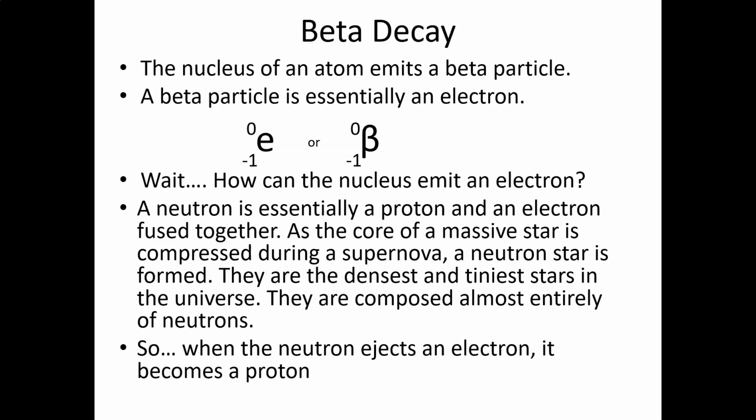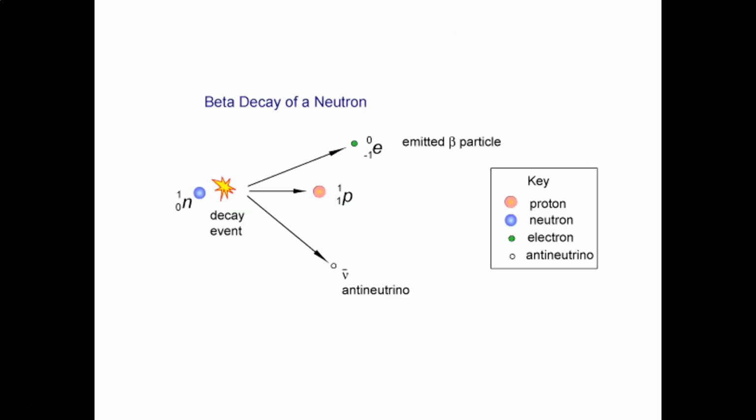So, here's how. I'm going to jump ahead here. A neutron, I'm going to draw a neutron here, is sort of just a positive proton and an electron, which I'm going to draw small with a negative sign, smushed together. I'm simplifying this.